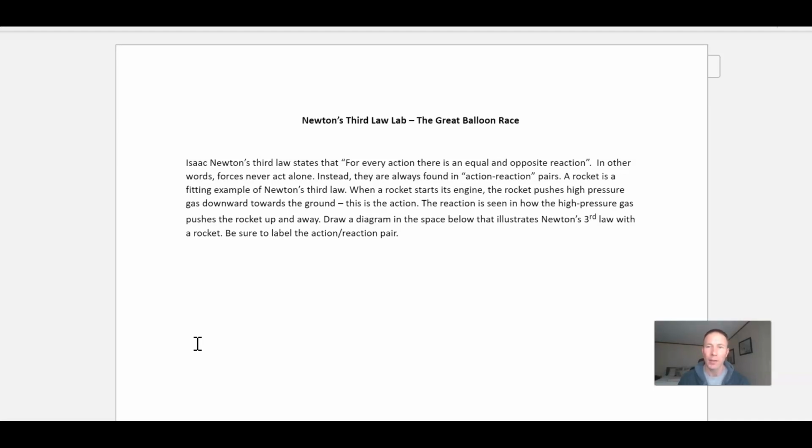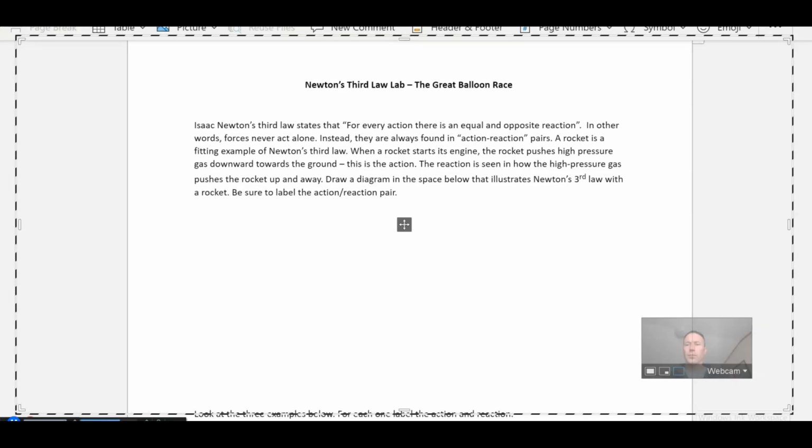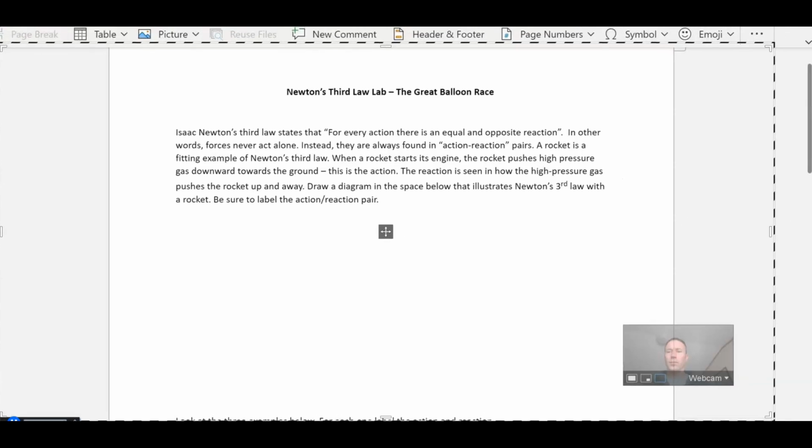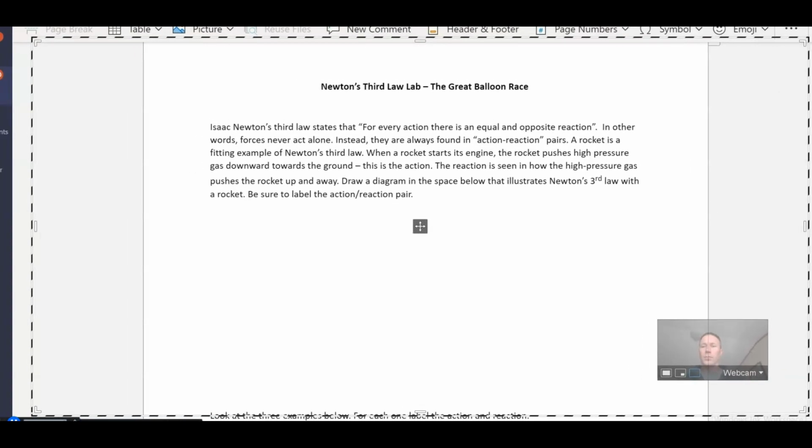Draw a diagram in the space below that illustrates Newton's third law with a rocket. Be sure to label the action-reaction pairs. Okay, let's do this one together. Okay, so check this out. Let's draw ourselves a rocket.